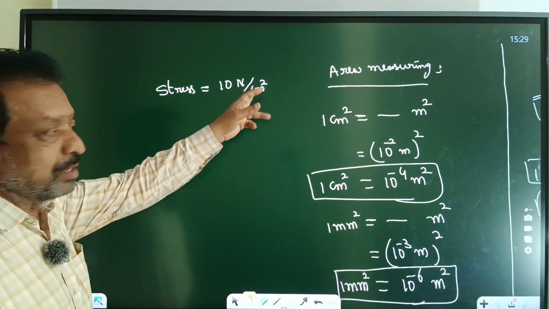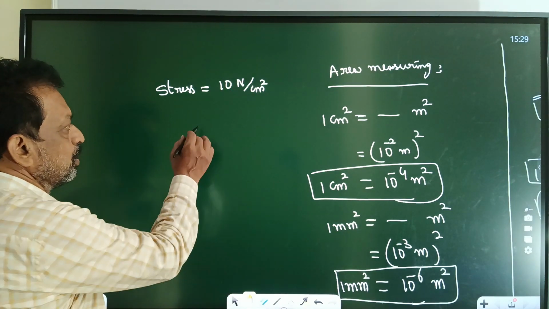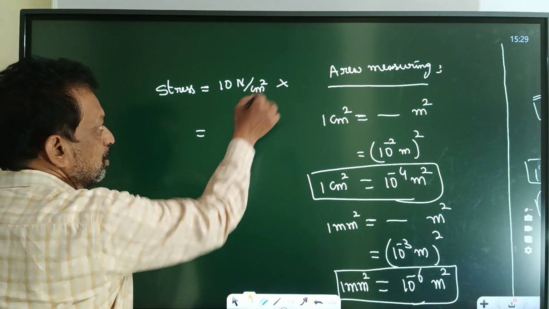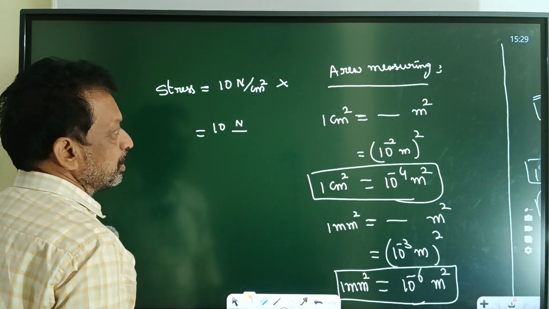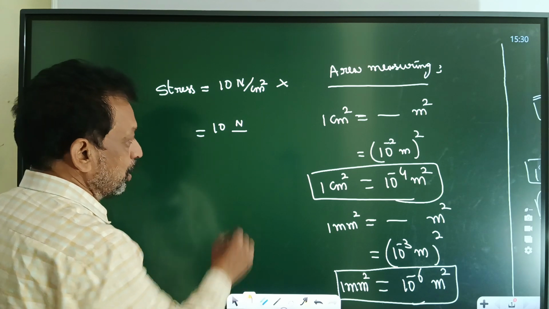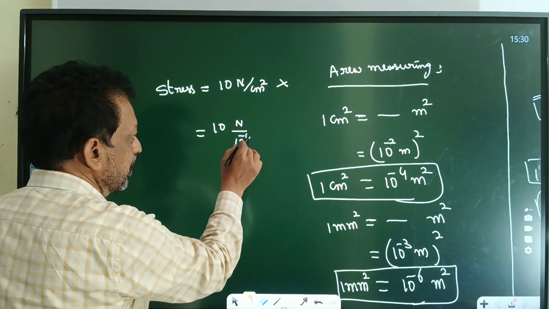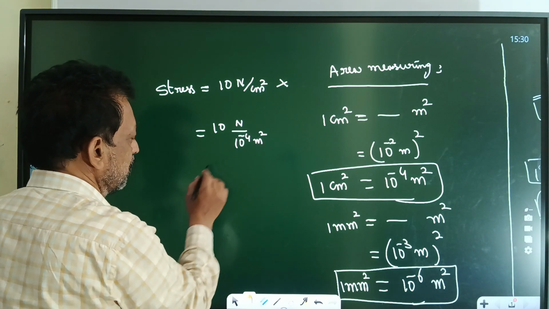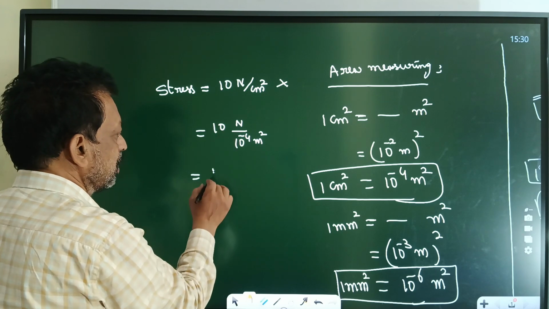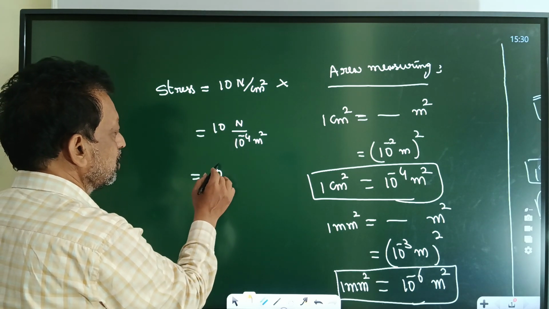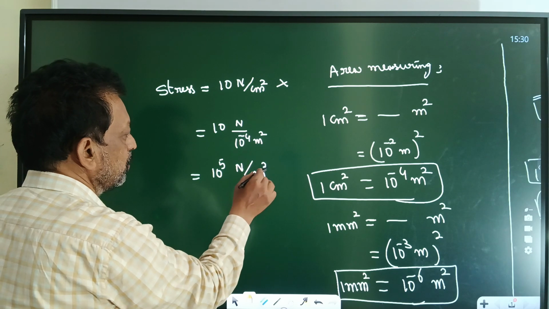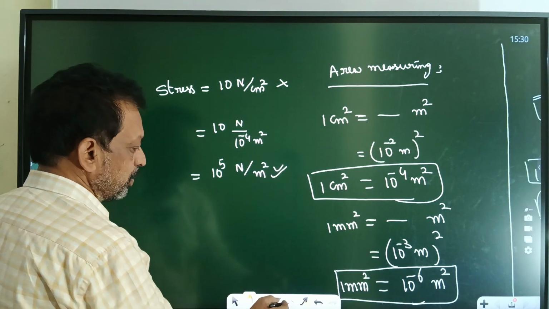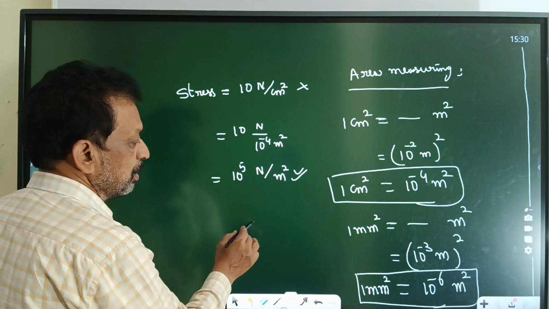In the SI system, this is totally wrong. So 10 Newton, then centimeter square you have to write in meter square, 10 to the power of minus 4 meter square. Now you go to the numerator, that is equal to 10 to the power of 5 Newton per meter square. Now this is correct. That's why we need the conversions.